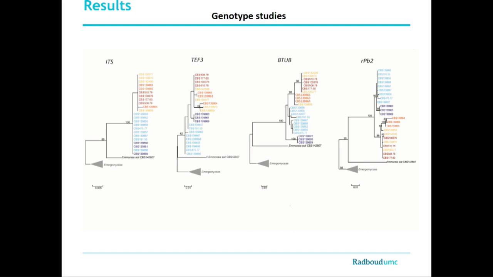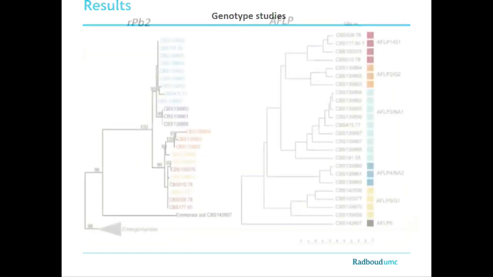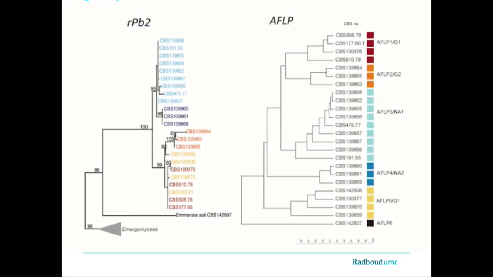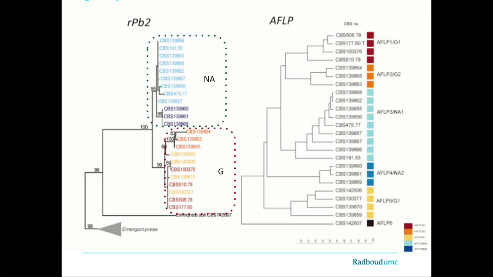We can see all strains, only 23 strains, clustered into two subclades, two main populations, and especially the bootstrap support is strong for the two populations. Here, the blue part represents North America and the gray part represents global. Our AFLP genotyping analysis is almost consistent with our phylogeny analysis as well.